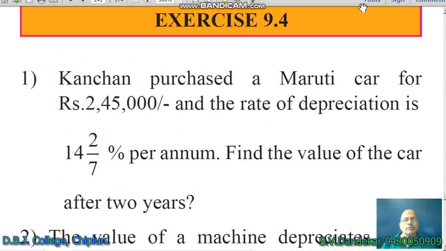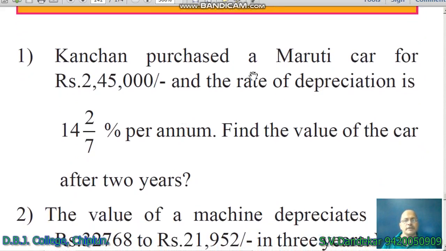And let us solve exercise 9.4. Kanchan purchased a Maruti car for rupees 2,45,000 and the rate of depreciation is 14 2/7% per annum. Find the value of the car after 2 years. Let us copy this to our board and solve.